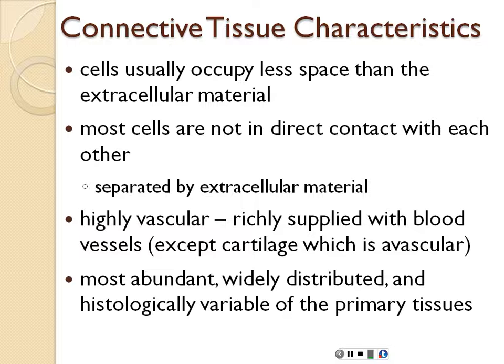So that's one layer. How many stratified? Well, really, what you all need to focus on is just stratified squamous epithelium. You have keratinized and non-keratinized. But then you also have transitional. Remember, transitional is stratified because it's more than one layer.